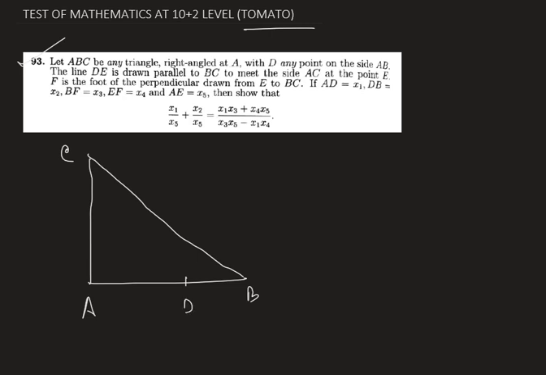The line DE is drawn parallel to BC to meet the side AC at the point E, and F is the foot of the perpendicular drawn from E to BC.